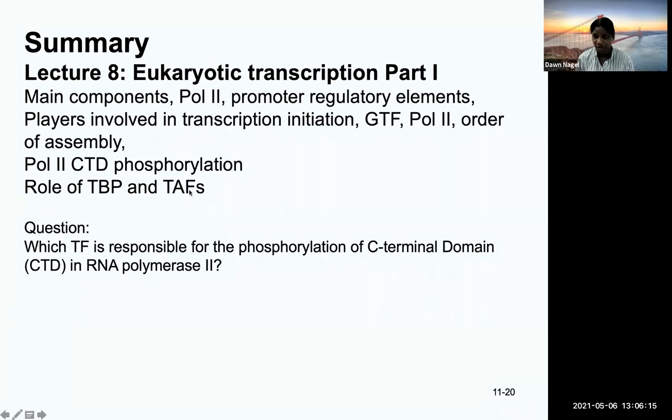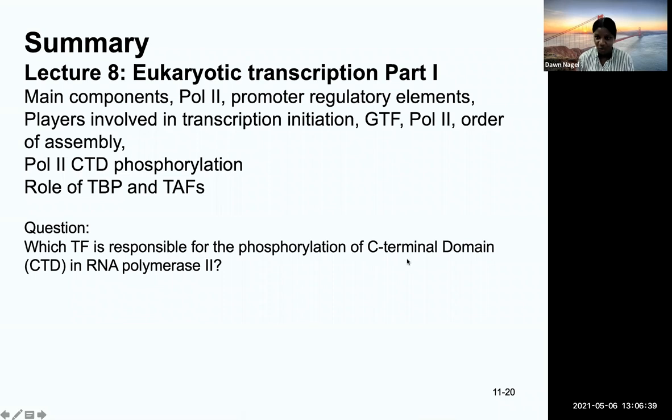They're important when you think of promoters where you don't have a TATA box. So you might have an initiator element or a downstream element or a GC-rich motif present within those promoters. Again, think of which transcription factor is responsible for the phosphorylation.